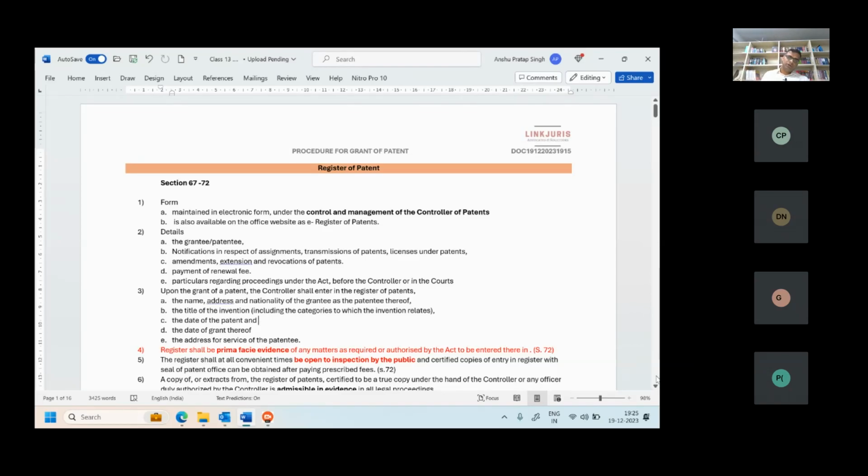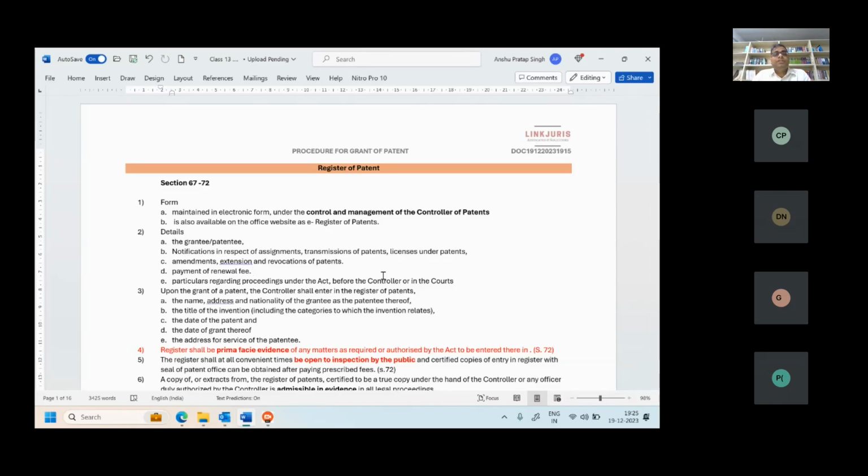I will go till that section, but before that, some general understanding of what the register of patent is, how the e-register looks like. I think I have discussed the patent office earlier, but a few important clauses with respect to the patent office we will discuss today also. First, there is a register of patent in which the details with respect to a patent are recorded.